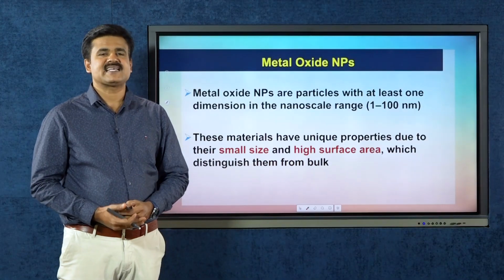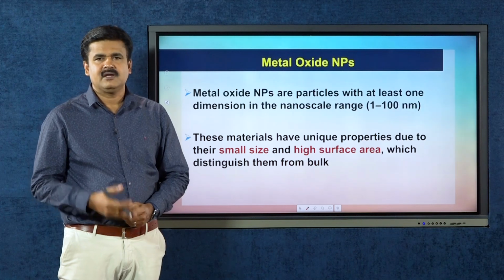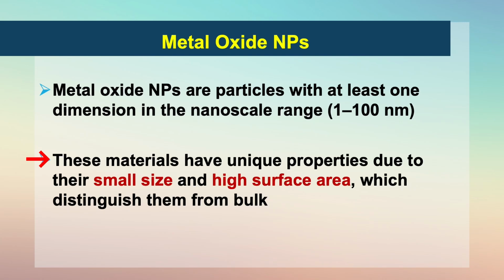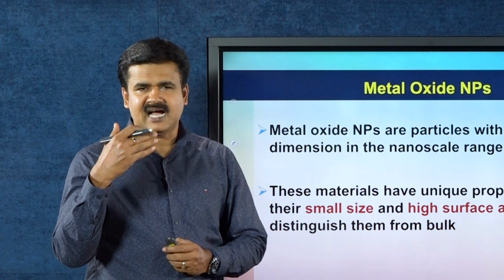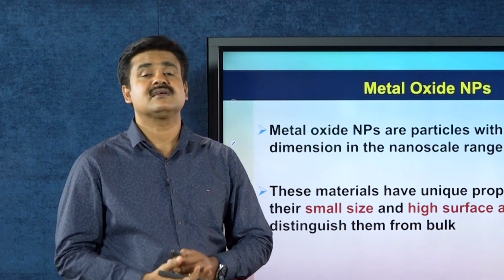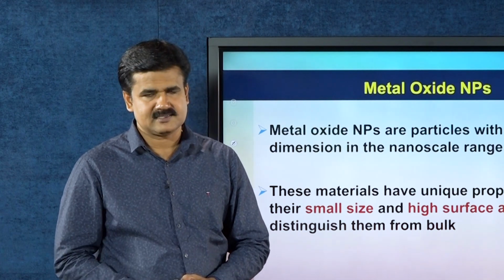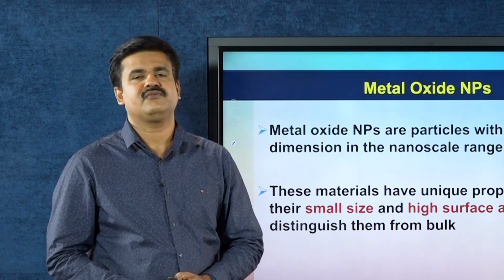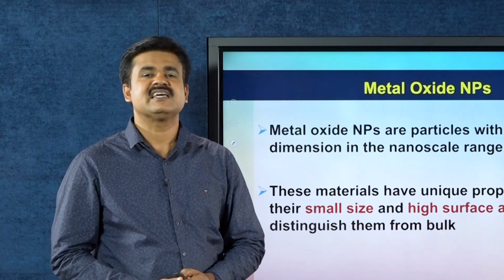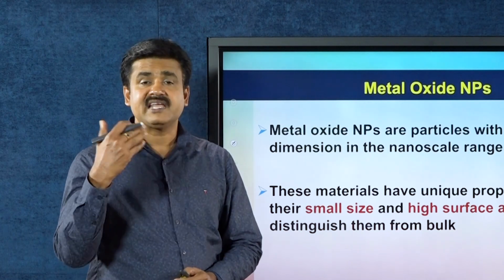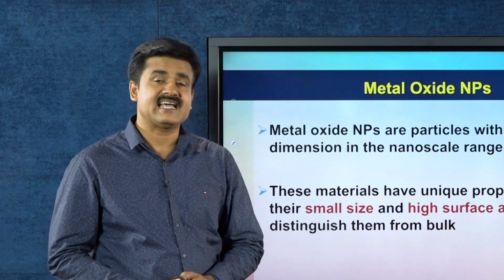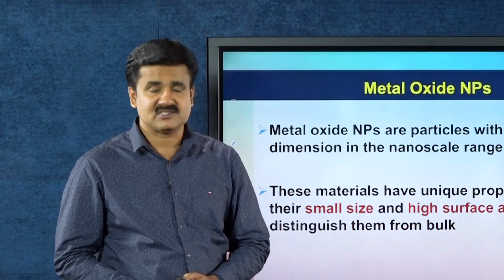These metal oxide nanoparticles have unique properties due to their small size and high surface area. This makes them highly different from the bulk materials or bulk counterparts. It is a very general characteristic feature of nanoparticles that they are associated with high surface area, and this high surface area is a direct outcome of their small size.